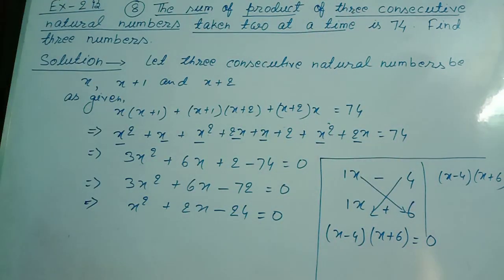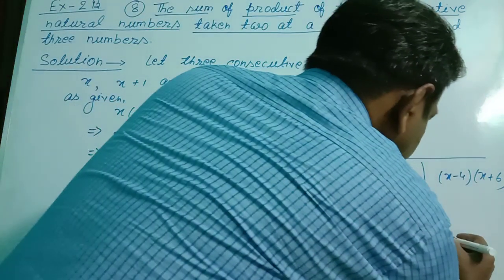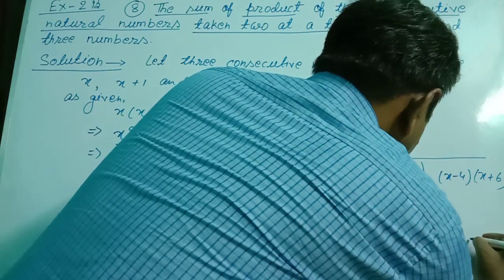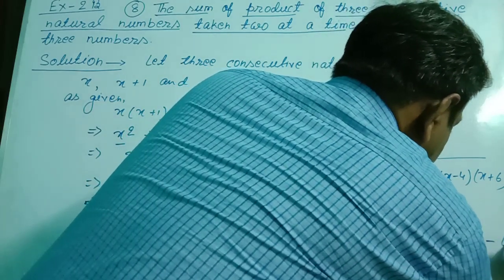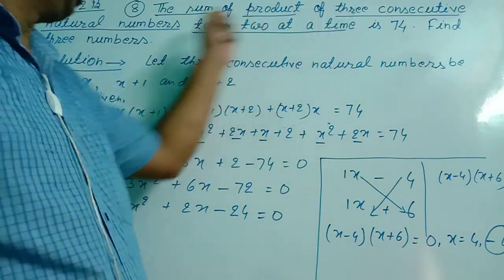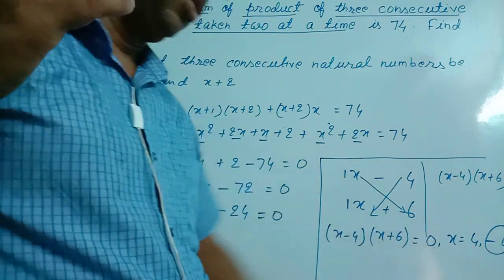Now these are natural numbers, so x equal to minus 6 is not possible. Here we can write the values separately: x equal to 4 and minus 6. This minus 6 is not possible because these are natural numbers. So we will take the value of x equal to 4.